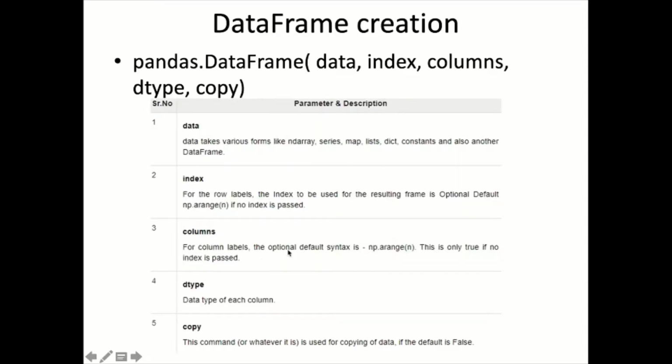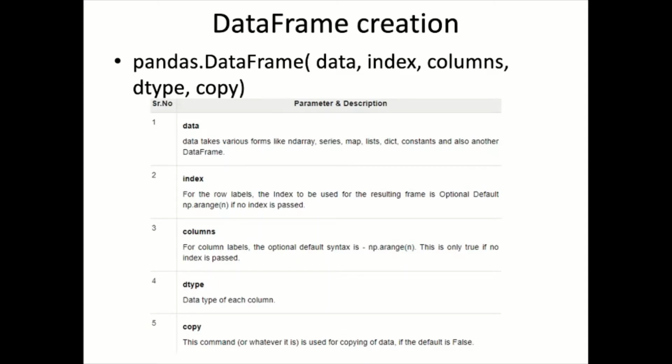For column labels, the default is optional. If we are not giving any column names, then it will take numbers 0, 1, 2, 3, 4, like that. The data type of each column can be specified using dtype. Then copy, we won't be using. This is used for copying of data.